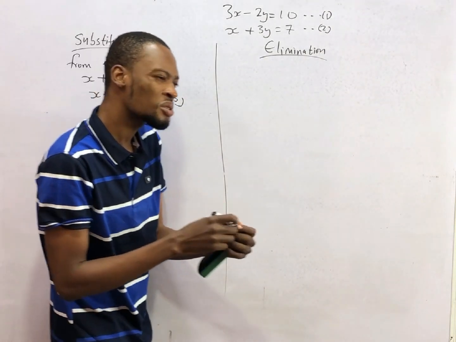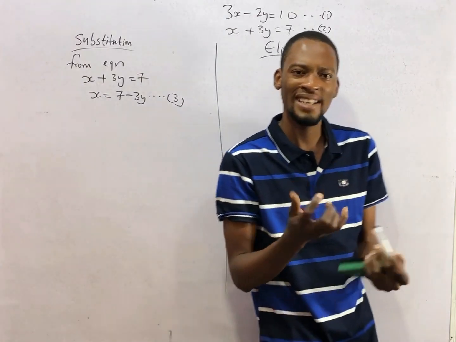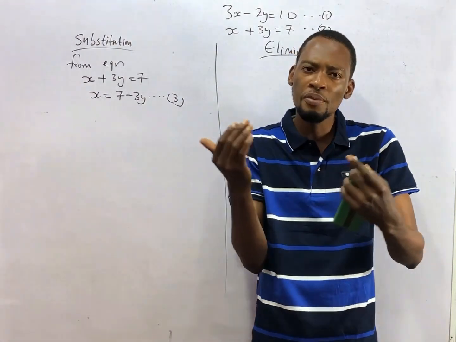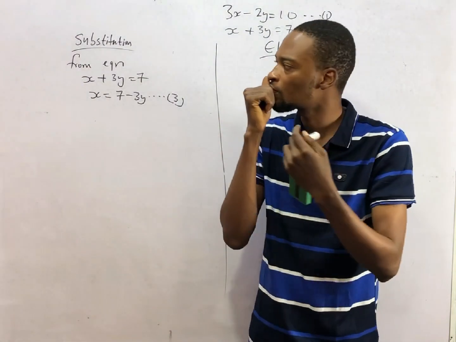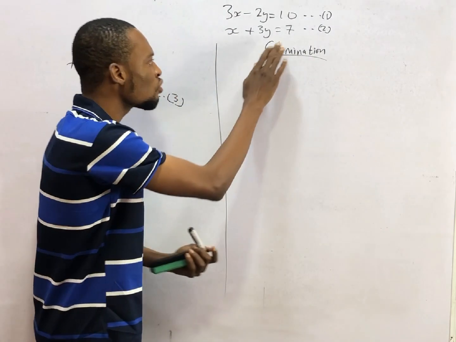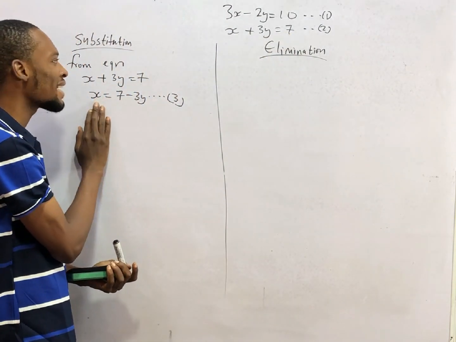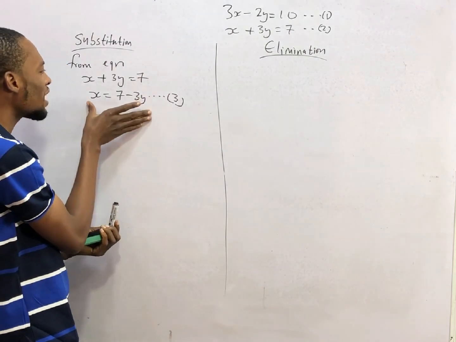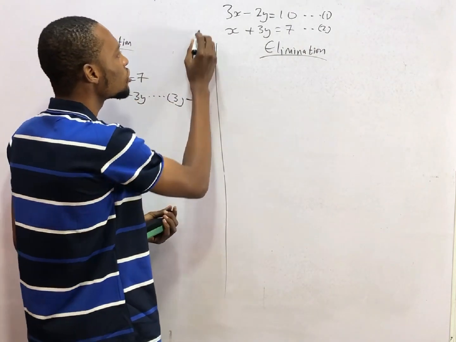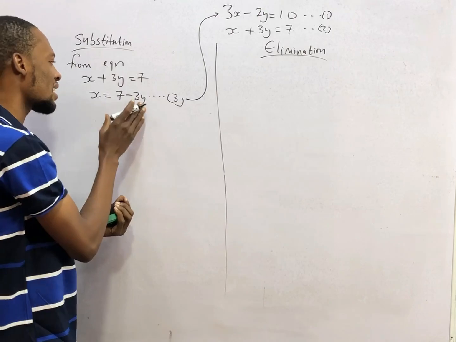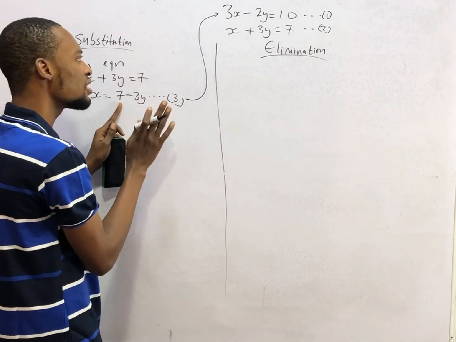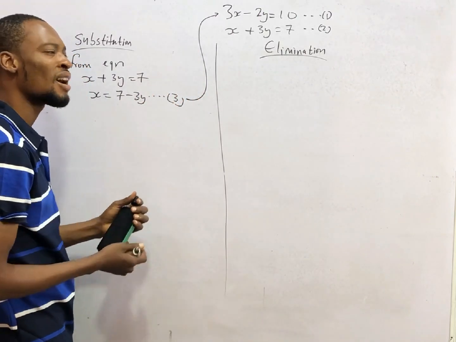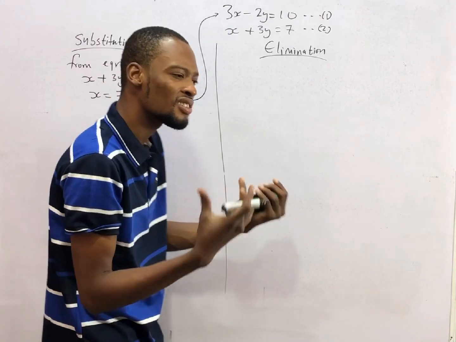What next? You substitute. This is why it is referred to as substitution method. From equation 2, we are able to get s to be 7 minus 3y. Now, this value of s, put it in equation 1. Anywhere you see s, replace it with 7 minus 3y in equation 1. And replacement is referred to as what?